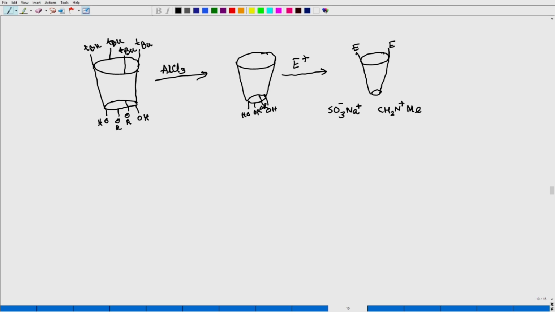I will show you some examples of hybrid structures which I have done, which I have kept here. So, we can do hybrid structures.